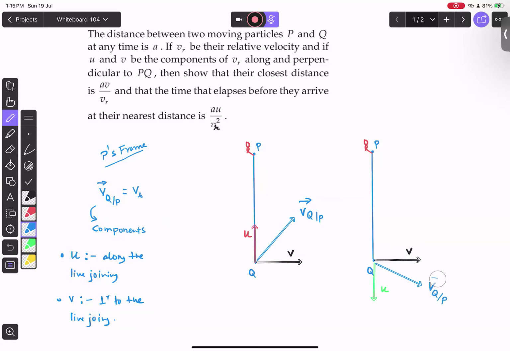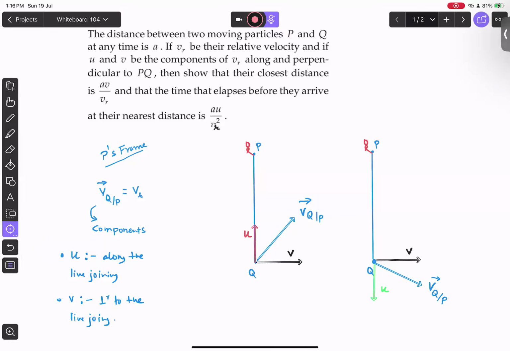In this other case, the separation between p and q will increase with time, so there's no point in asking that question. It's like having a function that is always increasing, never decreasing, and asking to find its minima. That's nonsensical. In the same way here, they are asking us to find the time when they are at minimum separation, so the separation must decrease with time.